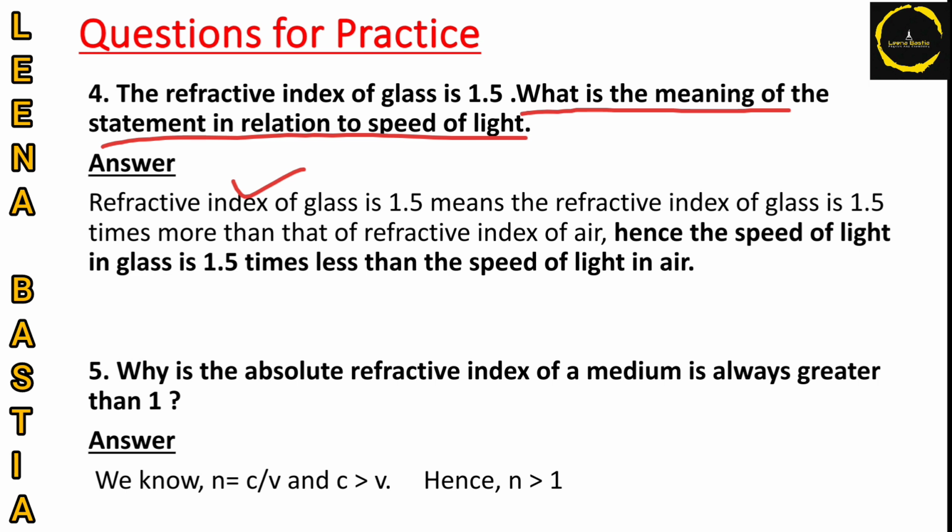Okay, so refractive index of glass is 1.5 means the refractive index of glass is 1.5 times more than that of the refractive index of air.